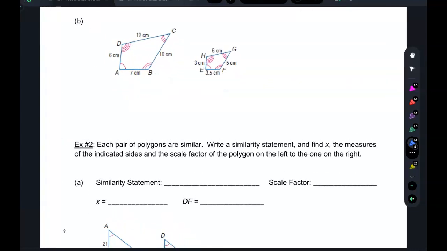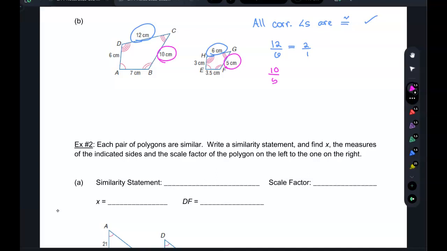Let's check the next one. Okay, so just looking at all the angles, we can see that they're congruent. So I'm just going to write all corresponding angles are congruent. So that's check. Now let's check to see the sides. So let's see. 12 to 6 ends up being 2 to 1. 10 to 5, 2 to 1.